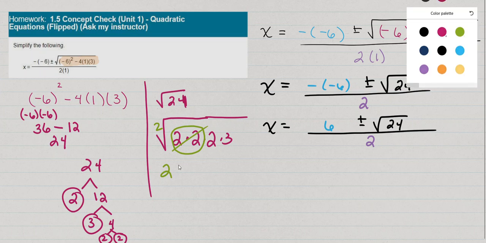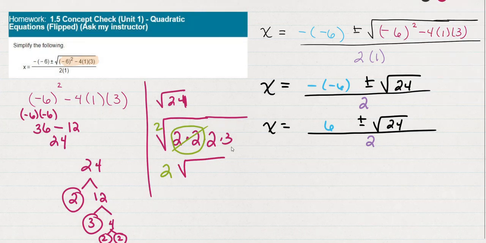So we see that that's why the square root of 24 is equivalent to 2 times the square root of 6. So this 2 times 3 stays in the radical, in the square root. But the 2 times 2, the square root of 4, in other words, square root of 4 is 2. And that's where this 2 comes from.